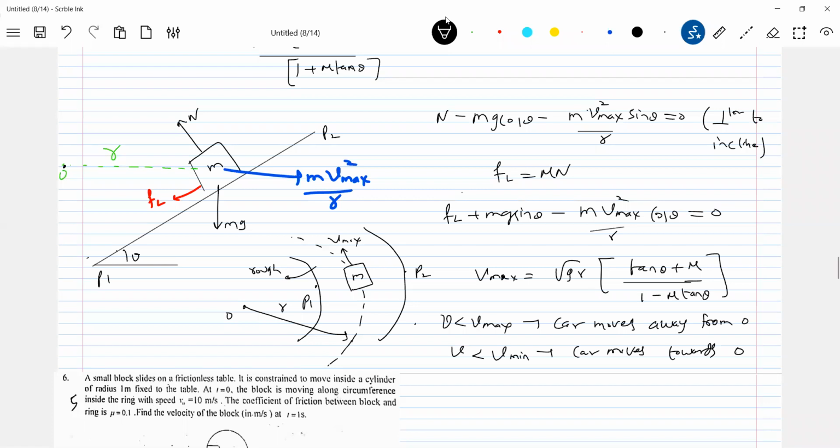It will successfully complete the circular path. And tell me why we are bringing in rough. Can you maintain one speed? Because when you're moving a car, you'll be continually varying it, no? So therefore this range is very important. As long as the speed of the car is between V minimum and V max, you are going to successfully complete the circular path. Theta is called the banking here. What we discussed earlier was smooth banking. This is rough banking.